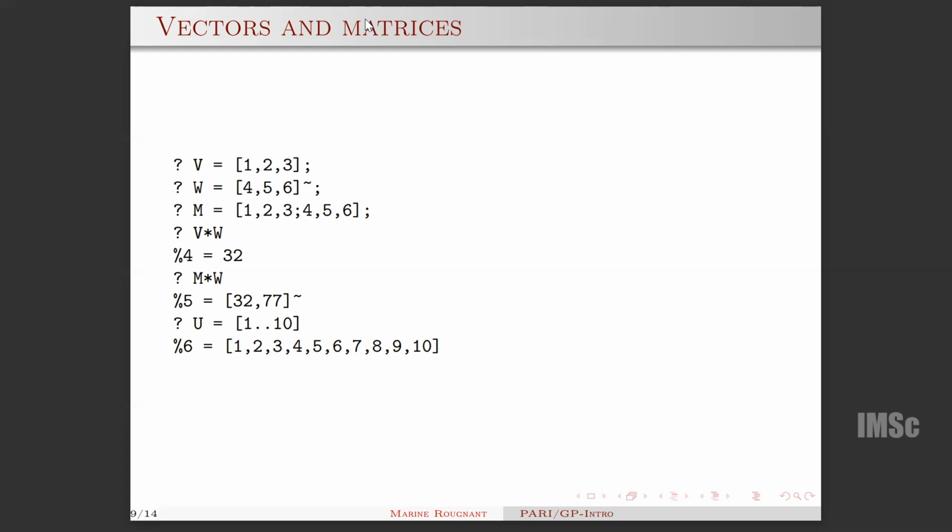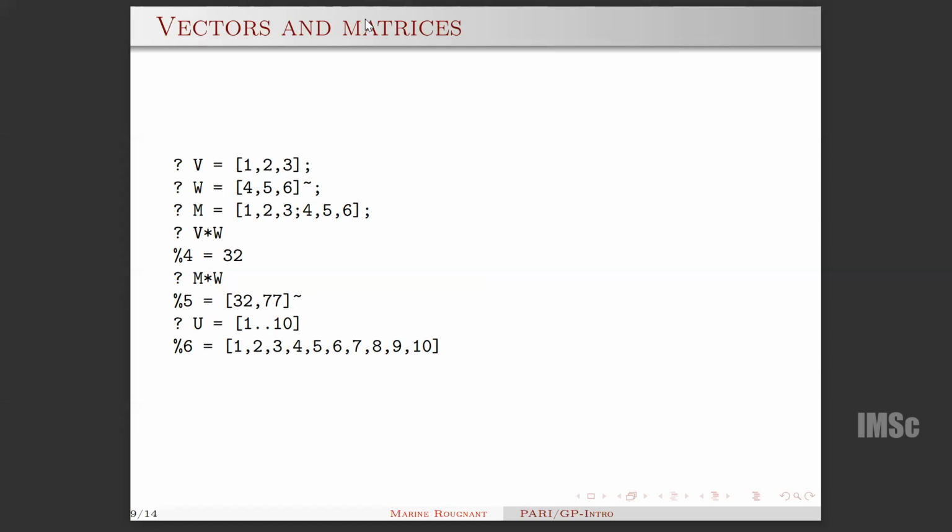You also have a function which is mattranspose, made for transposing, but tilde is quite fast. If you want to define a matrix, you will separate the elements of one line with commas and the different lines with semicolons. So here it's a matrix with 3 columns and 2 lines.